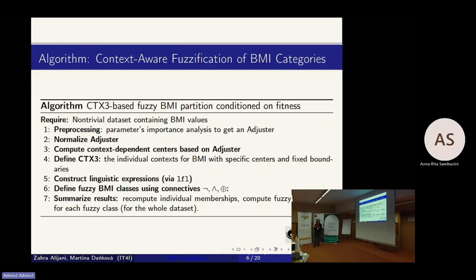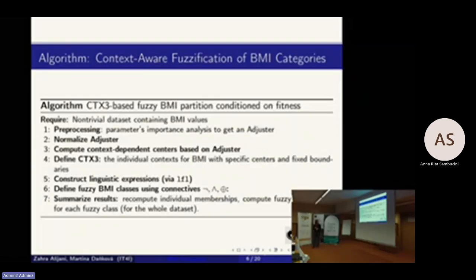Then we compute the context-dependent centers C based on the adjuster and define the context based on the algorithm of Professor Novak. With this, BMI gets specific centers with fixed boundaries.